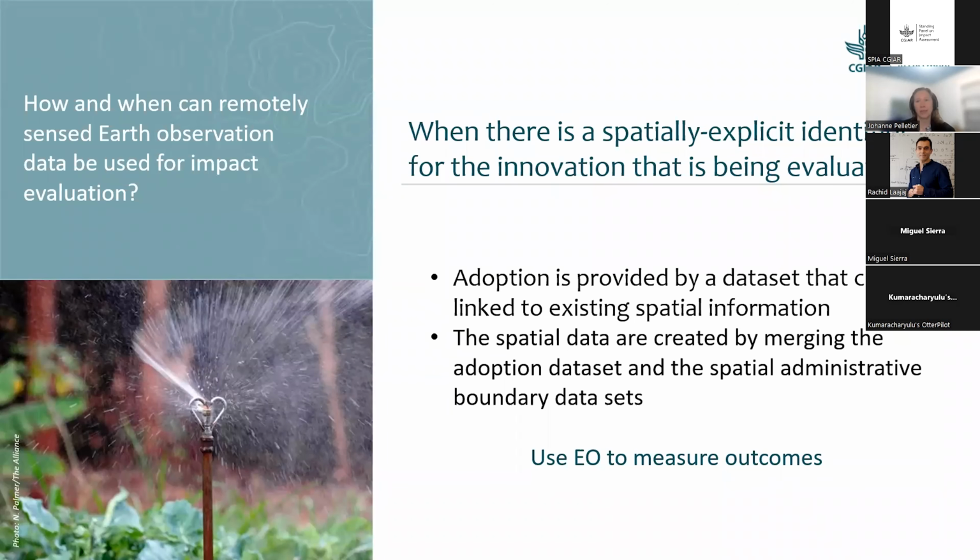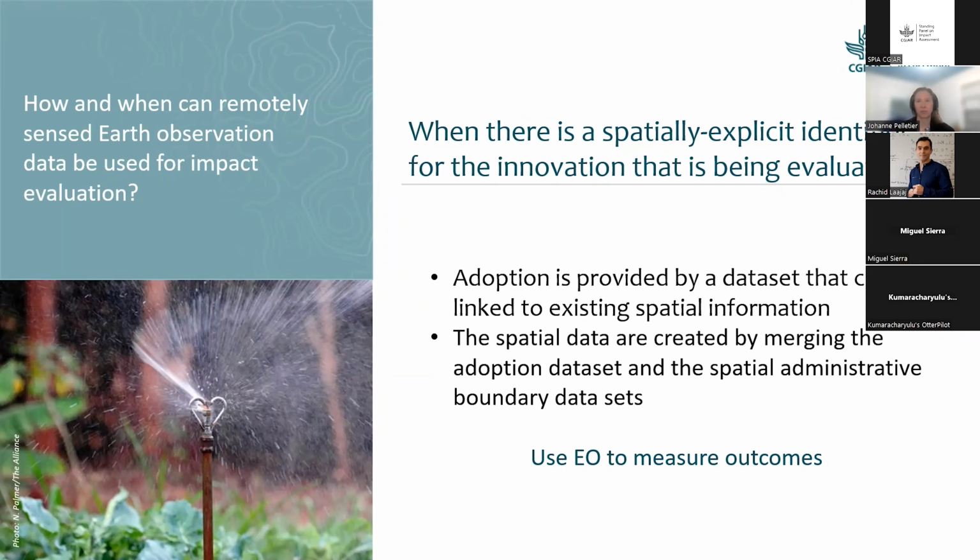So what do you need to actually use Earth observation for impact evaluation? It's feasible when there is a spatially explicit identifier for the innovation that's being evaluated. So we need to know where it is. For example, you can have adoption data related to one specific area.